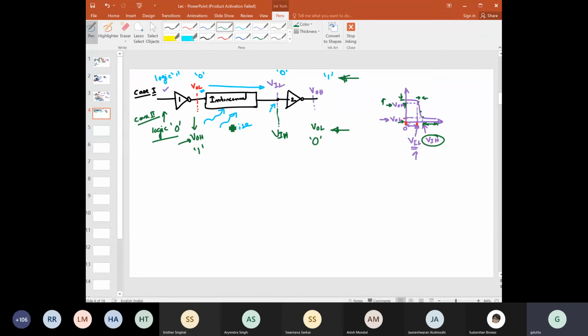That means due to noise, this VOH value is allowed to change, but it should not fall below this VIH. Otherwise, the second inverter will not be able to reproduce the logic 0 at its output.